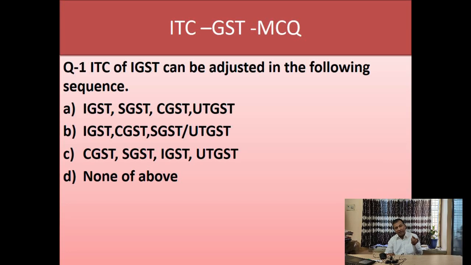Input tax of IGST will first be adjusted with the output of IGST, then any excess ITC against CGST, then SGST or UTGST. UTGST is your Union Territory GST. So out of these 4 answers, answer B is correct.